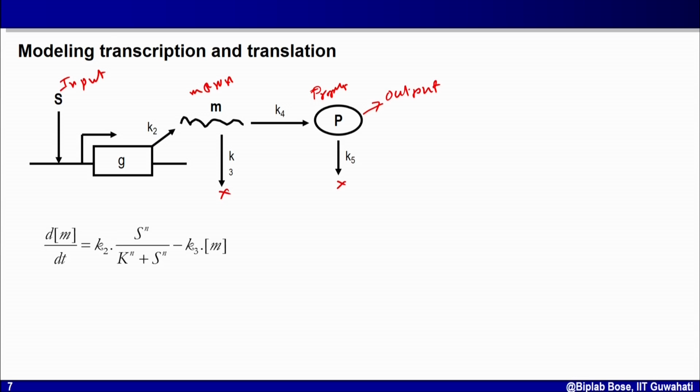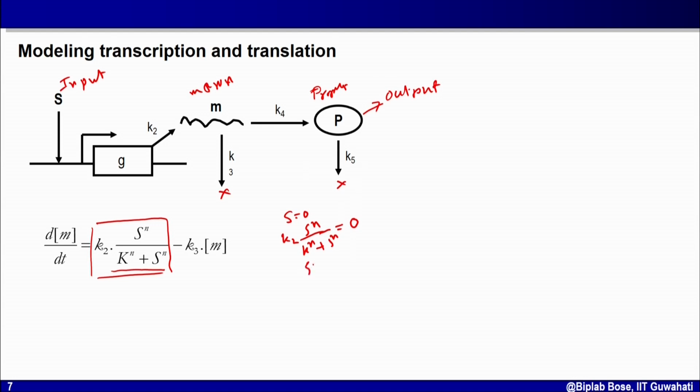So now I will use the Hill function. dM/dt, the rate of change in concentration of M, is equal to k2 into the Hill function, where S is the signal, s to the power n divided by k to the power n plus s to the power n. Look into this part very carefully. When s equals 0, k2 into s to the power n by k to the power n plus s to the power n will become 0.